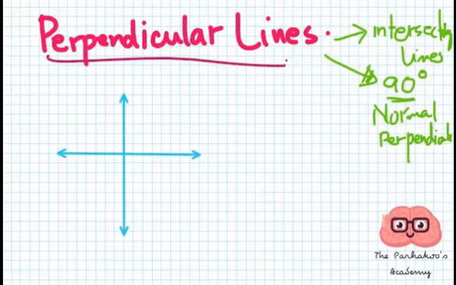Now if you see here, line AB and line CD, they are intersecting lines because they are meeting at a common point. But they are meeting at a very specific angle, which is a 90-degree angle, which is also called perpendicular. So these lines AB and CD are perpendicular to each other.